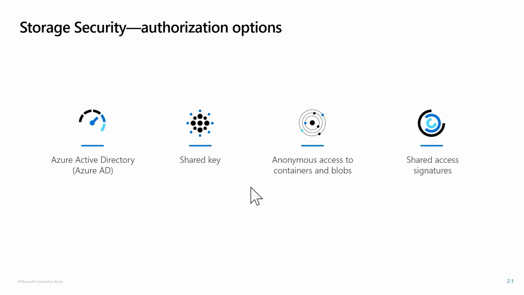Anonymous access is something that you may want to grant only for information or data that may not be deemed sensitive, unlike personal information such as addresses, SSIDs, etc. And finally, SAS, or shared access signatures, allow you to delegate access to a particular resource in your account for a specific amount of time, so over a specified time interval with specified permissions. Now let's explore how key vaults will help with that.